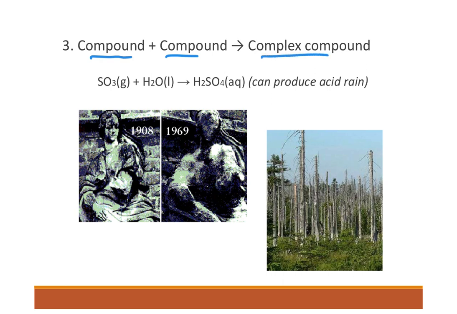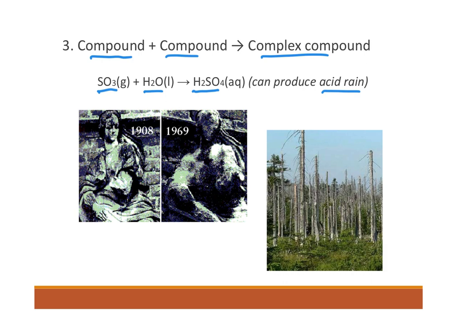So the example here is sulfur trioxide, which is a gas that is released by factory emissions, reacting with water in the atmosphere to produce sulfuric acid, H2SO4, which then can produce acid rain in an area with a lot of air pollution.